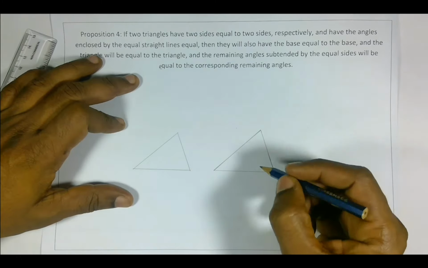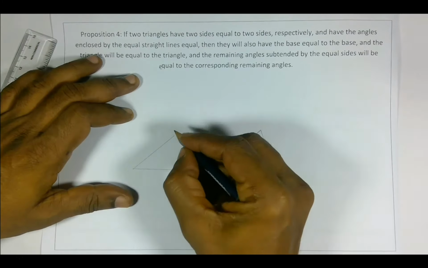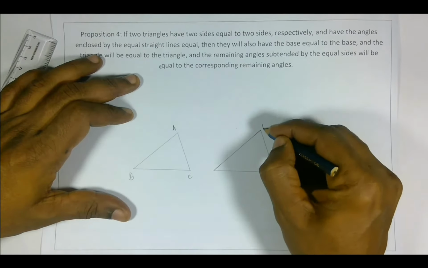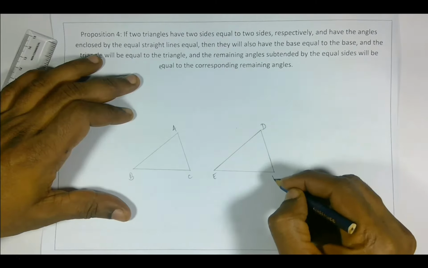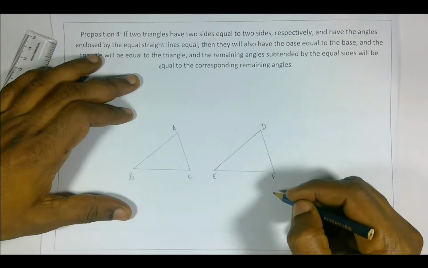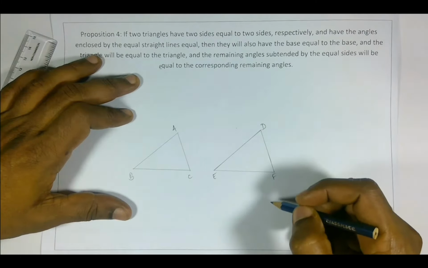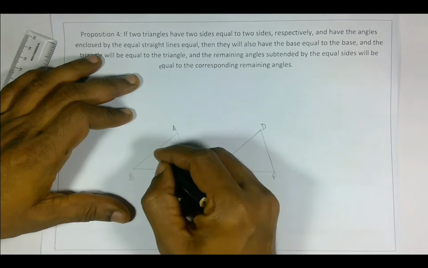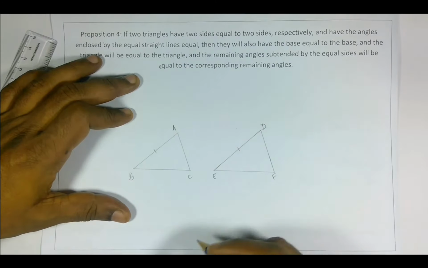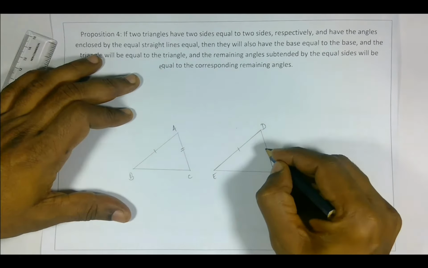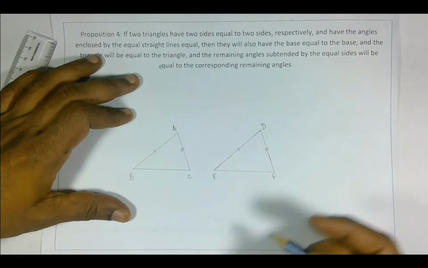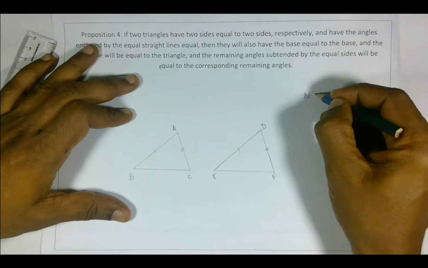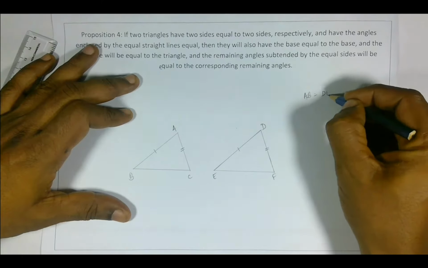Now what the proposition says is you have two triangles ABC and DEF. If you have two sides equal to two sides, so you have this equal to this and this is equal to this. It is given. So what is given? Given is AB is equal to DE.